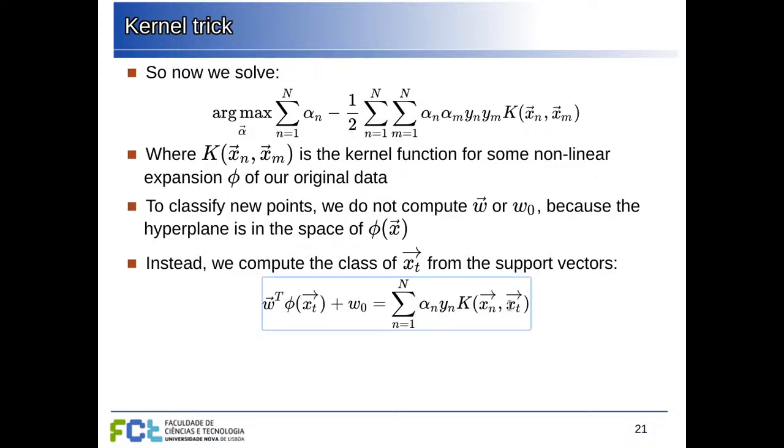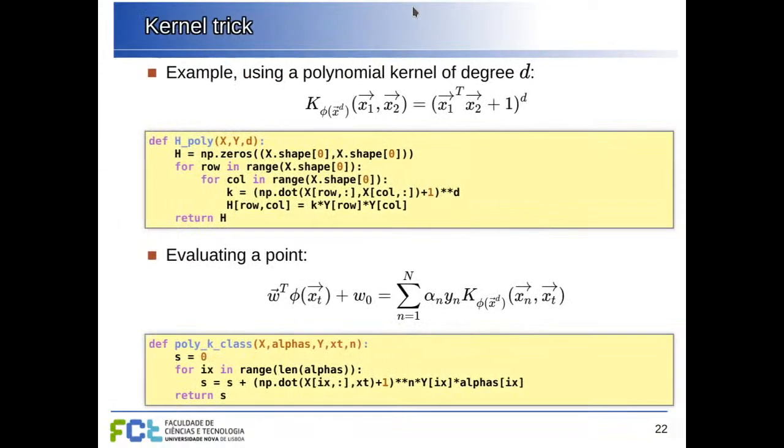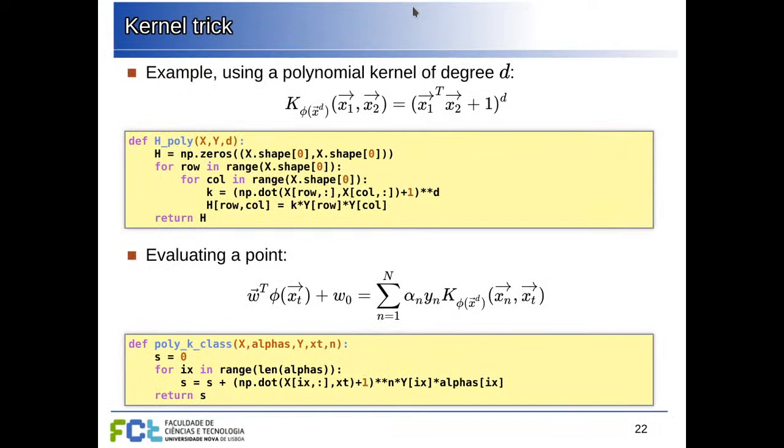So if we have a new point t, we go through all the support vectors, we use the kernel function between each support vector and our point, the one we're trying to classify, and we multiply the kernel function by the class and the Lagrangian multipliers of the support vectors. And if this is positive, then we put the new point in the positive class. If it's negative, we put it in the negative class. Okay, so let's see how this works.